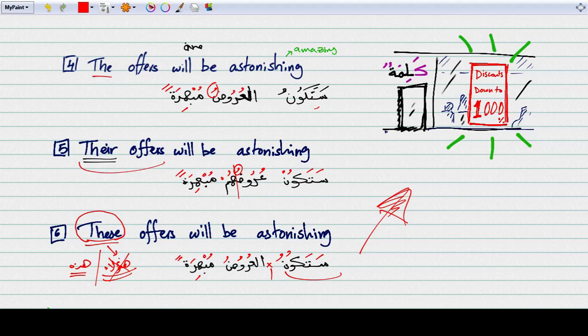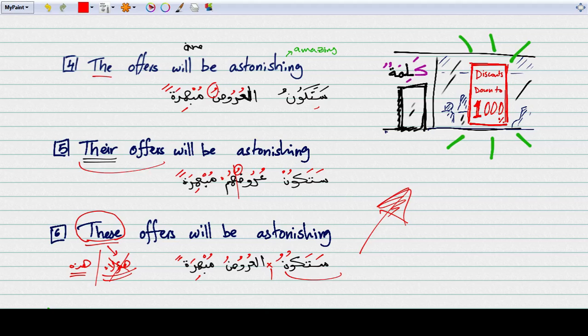The army does not reflect that it's a set of people. While if you say doctors, that's different. If you say doctors or students or anything like professions, this reflects a human person, and in this case you can use هؤلاء. So you can say هؤلاء الأطباء, these doctors, or هؤلاء الطلبة, these students.